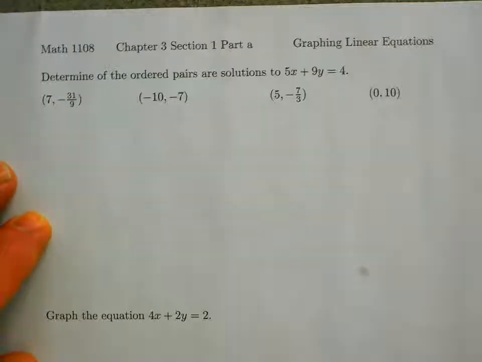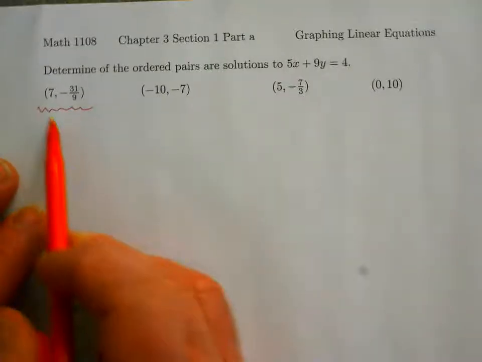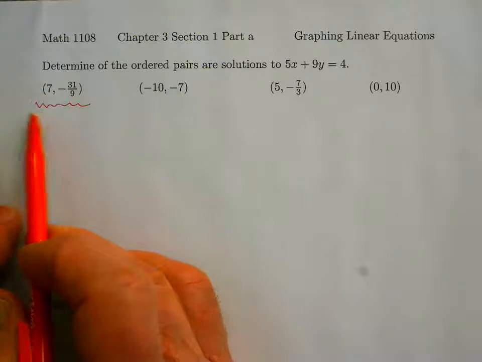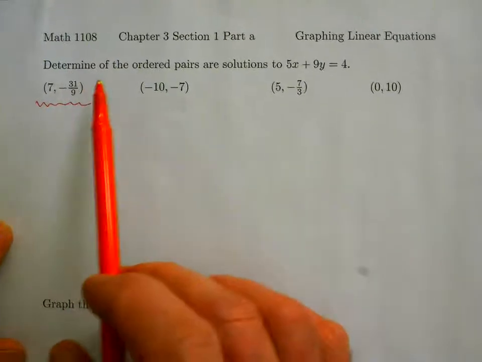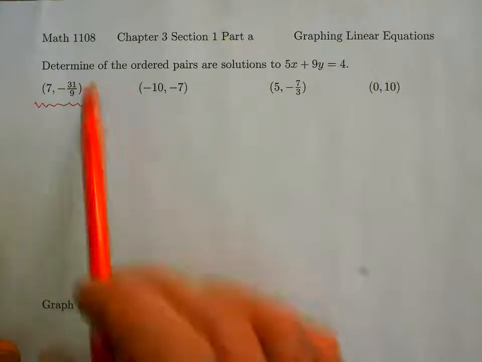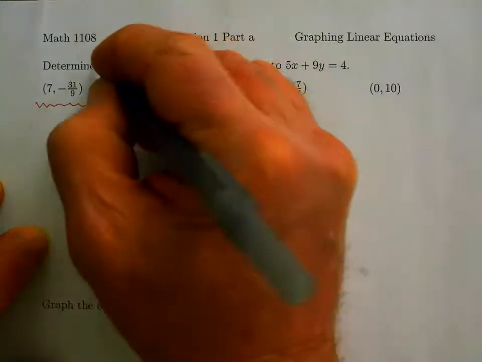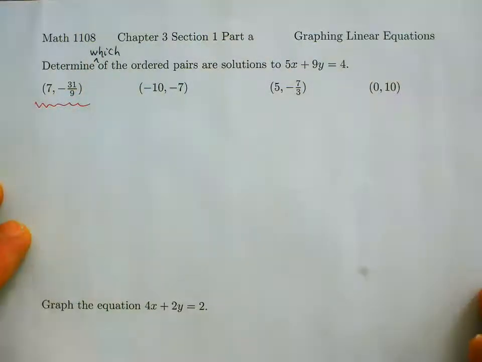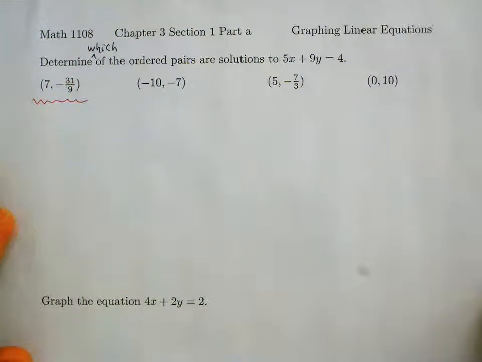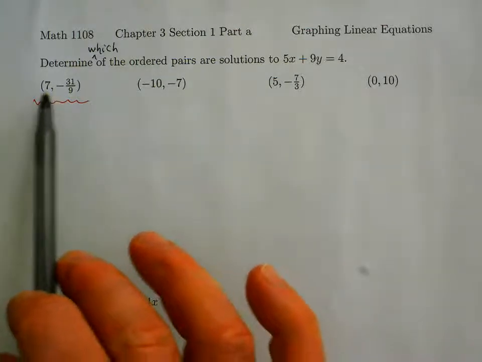We did do this one already in a past class session. The directions are determine, there's a word missing, determine which of the ordered pairs are solutions to the equation 5x plus 9y equals 4. We did this first one the way that you do it.